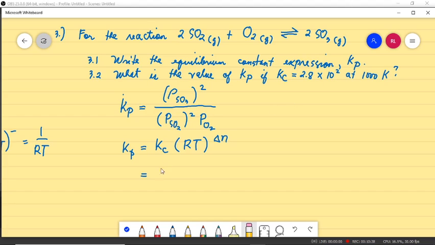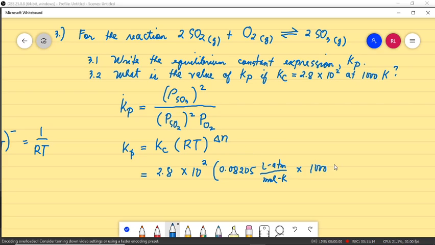So our K sub C is 2.8 times 10 to the power of 2 times the value of R, which is a constant number, 0.08205 liter atmosphere per mole per Kelvin, times the temperature 1000 Kelvin. Okay, RT raised to the power of delta N.